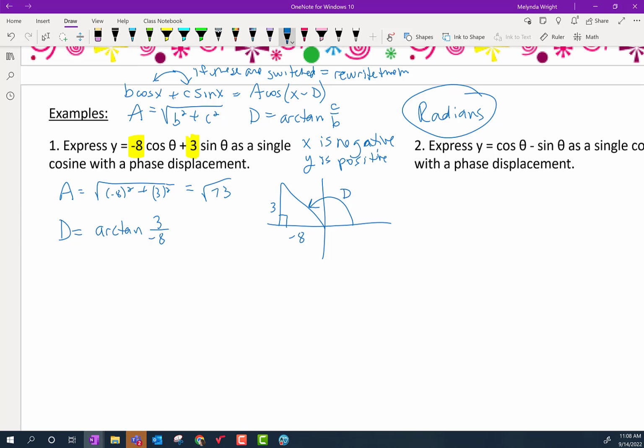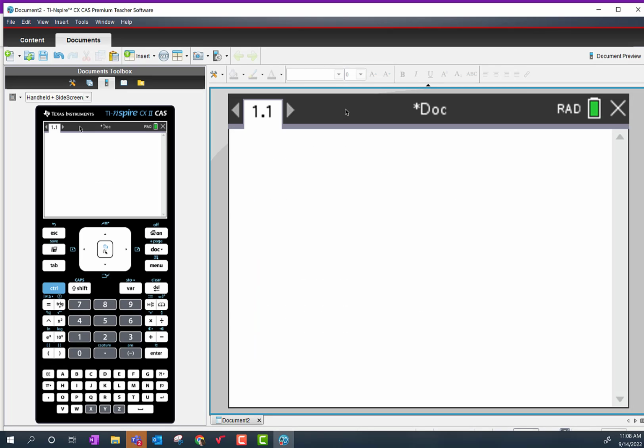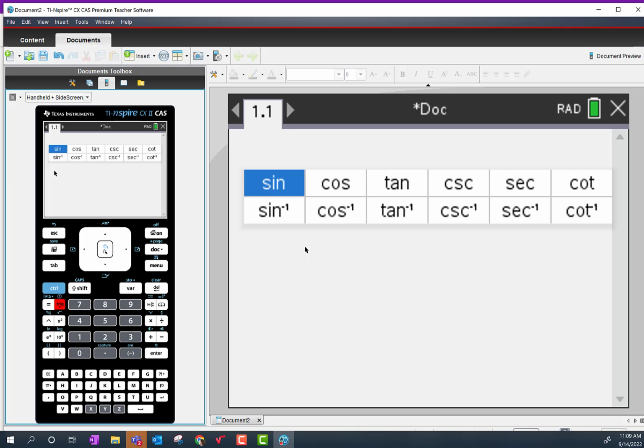Okay, so I'm going to pull up my calculator. I want to be sure I'm in radians. Remember, right up here is where you change it from radians to degrees. On the problems with degrees, you're going to need to pay attention and switch it back and forth. Arctangent is this tangent to the negative 1, that's just the way the calculator likes to write arctangent.